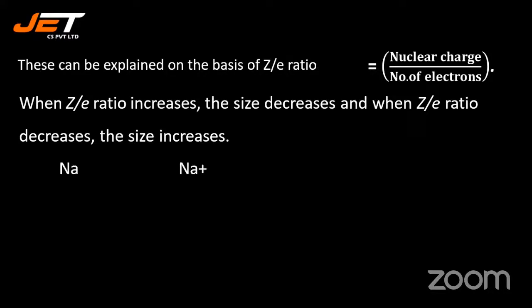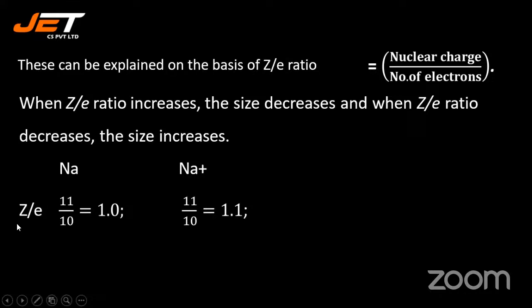Just the reverse phenomenon. Take Na and Na plus. For Na, Z is 11 and E is 11, so the ratio is 1. For Na plus, Z is 11 and E is 10, so it is 1.1. So this phenomenon actually happens, and that is the reason the ratio becomes 1.1.